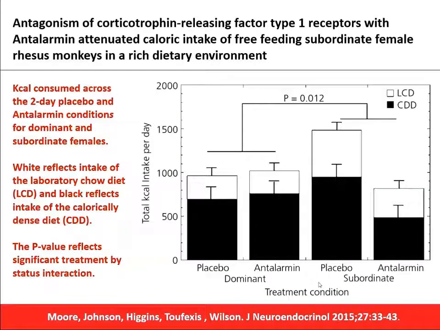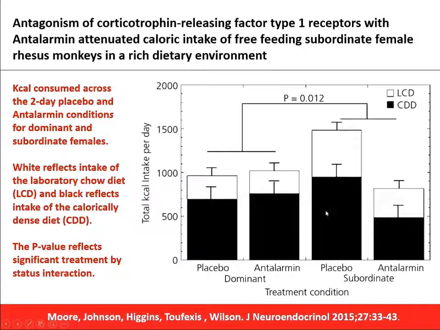So what can we do about that? Well, we don't really have a CRH antagonist to give to humans, but if we did, it might ameliorate some of this. So this is just looking at another kind of CRH antagonist and looking at their food choices. And CDD stands for high-fat, high-sugar diets or calorically dense diets.